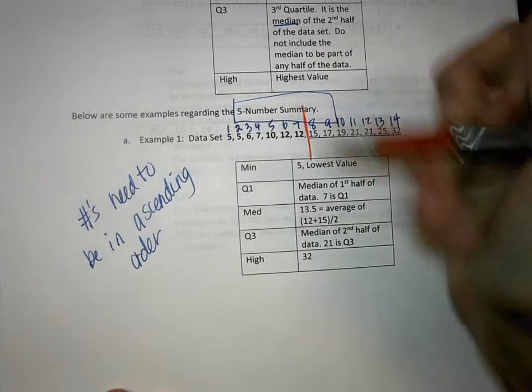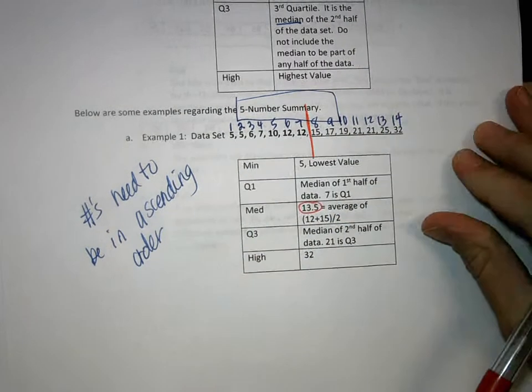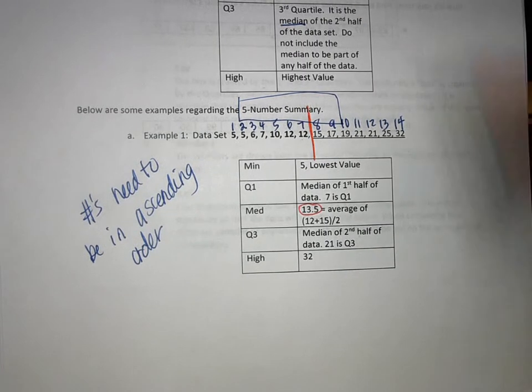We add them together and divide by 2 to get the median, which is 13.5. If you look back, it's stated that the median won't be part of a piece of data, because you're always going to cut it in half. If there is a number in the middle, that's your halfway point, so it's not included in Q1 or Q3.